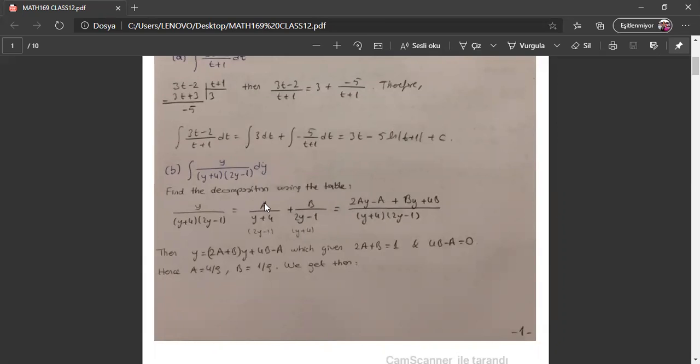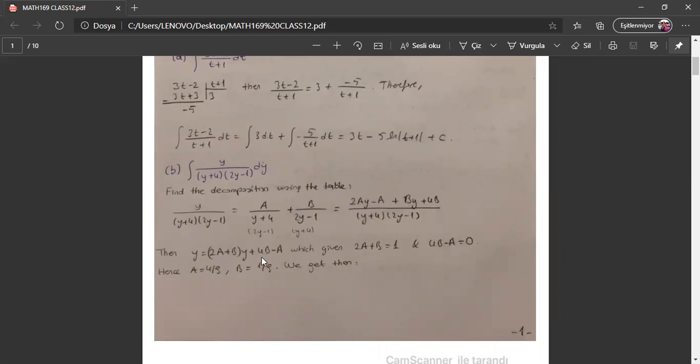Now what do we have? Here in the numerator, we have 2ay minus a, and here by plus 4b. So we have this. Now we equalize the numerators, they should be the same. We see the multiple of y is 1 here, and the multiple of y is 2a plus b, so we have this.